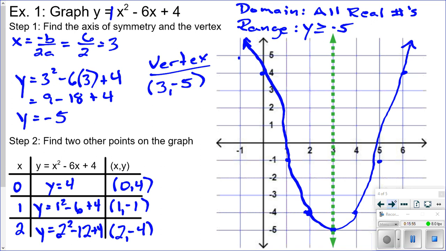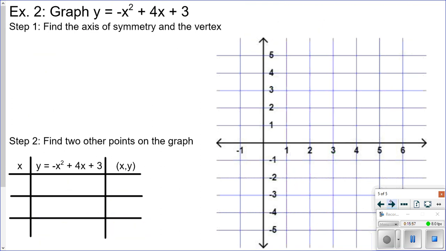All right, so let's do another one. I got another one here. So we're going to graph -x² plus 4x plus 3. So step number 1, we're going to find the axis of symmetry and the vertex. So the axis of symmetry, again, is -b divided by 2a. So that's -4 over 2 times -1.